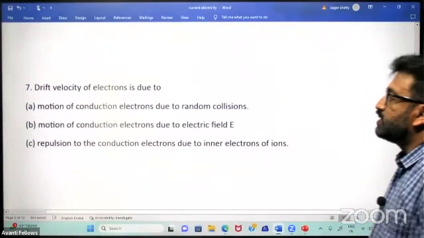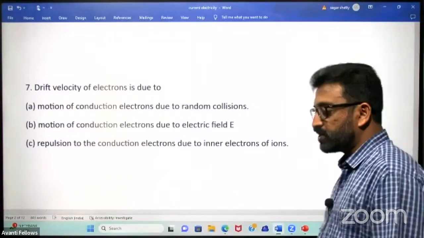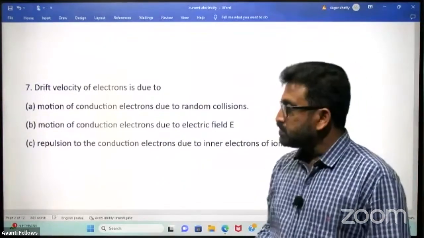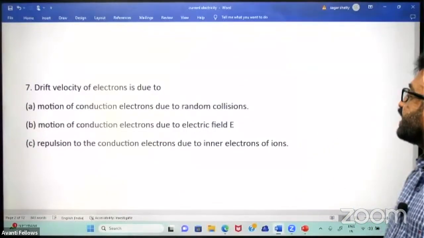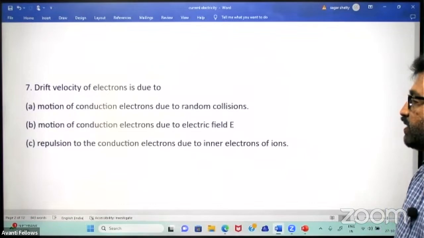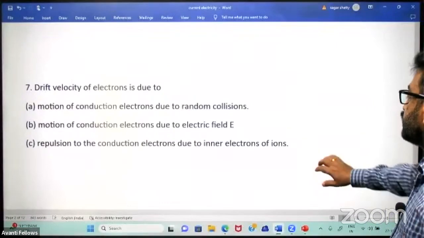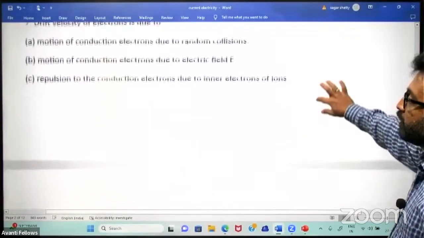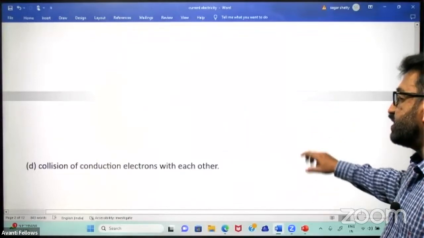Now, drift velocity of electrons is due to: motion of conduction electrons due to random collisions, motion of conduction electrons due to electric field E, repulsion to the conduction electrons due to inner electrons of ions, or collision of conduction electrons with each other.